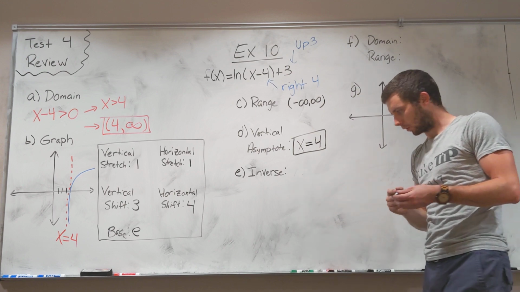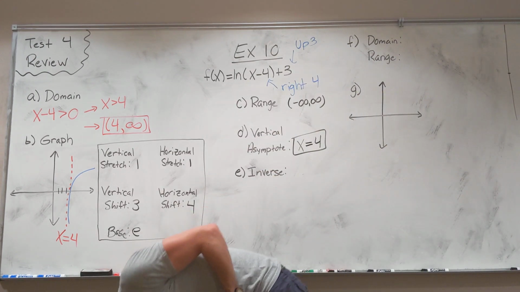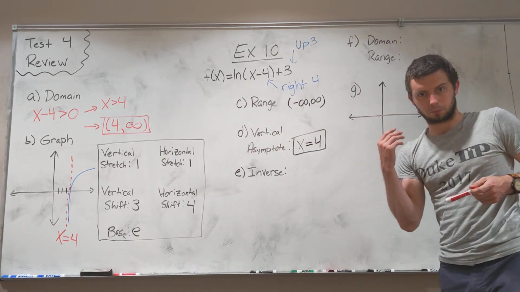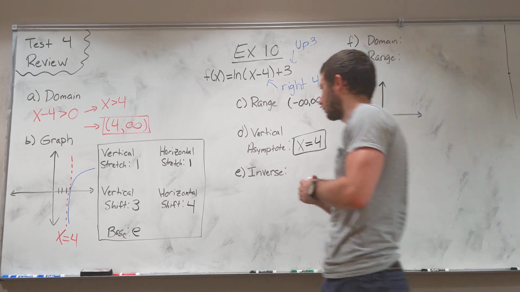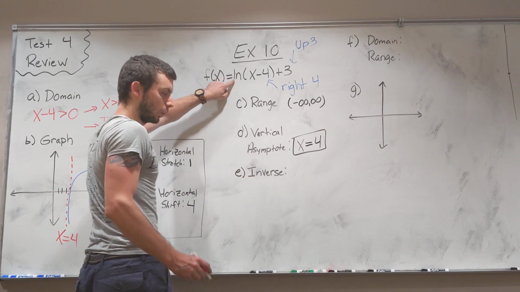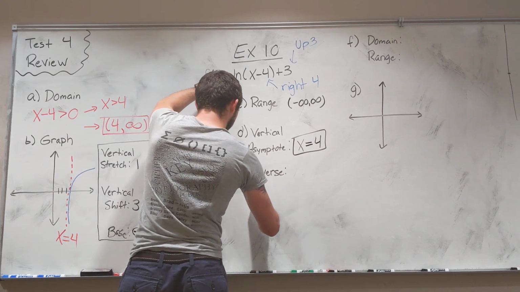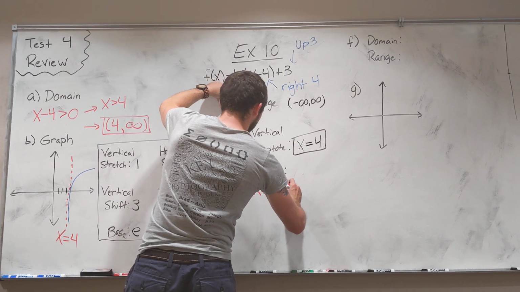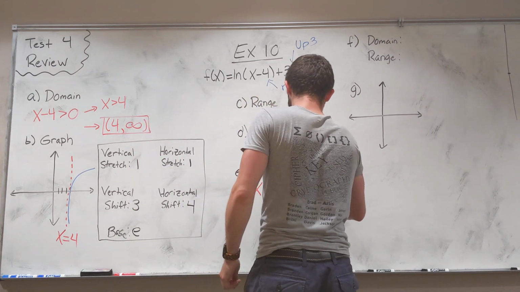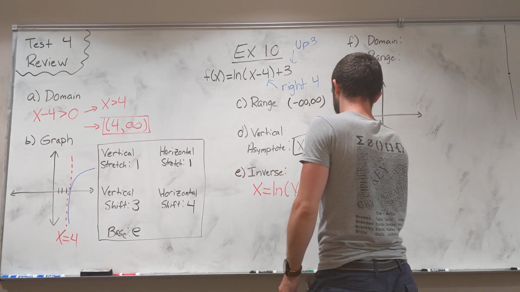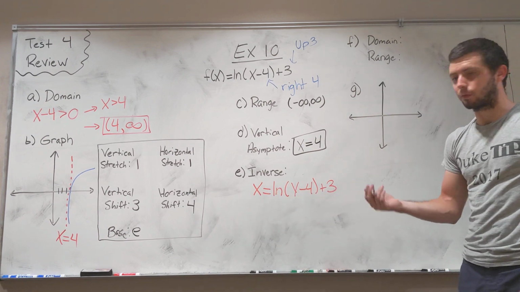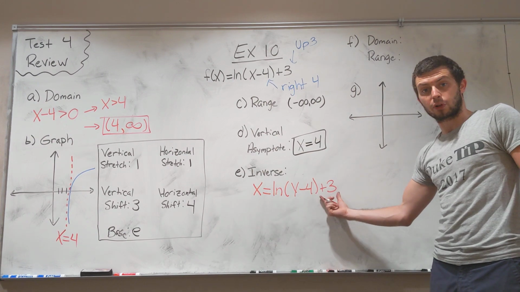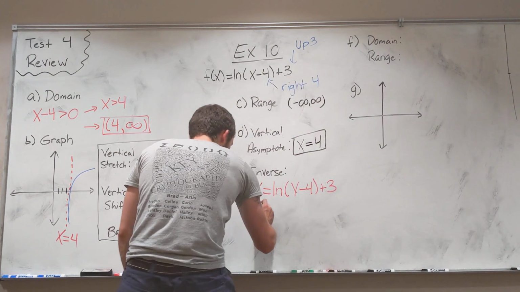Now we move on to the inverse. Now with the inverse, so remember with the inverse you have to switch x and y and you solve for y. This is the original equation, so if you switch x and y, so we switched x and y, and then you solve for y, which means you subtract 3 on both sides.